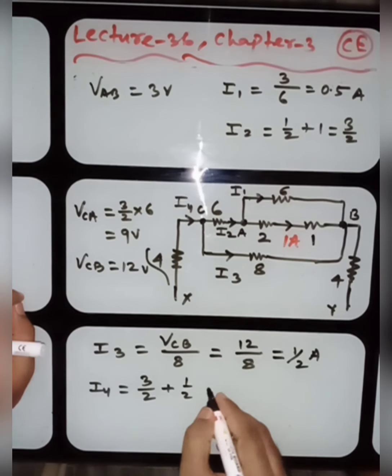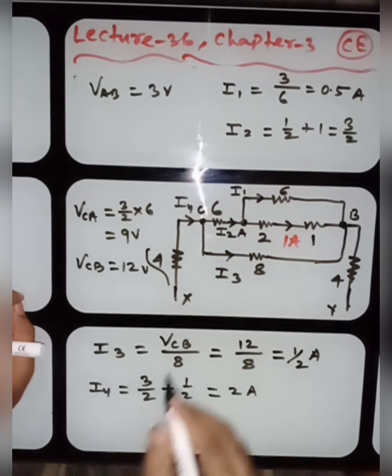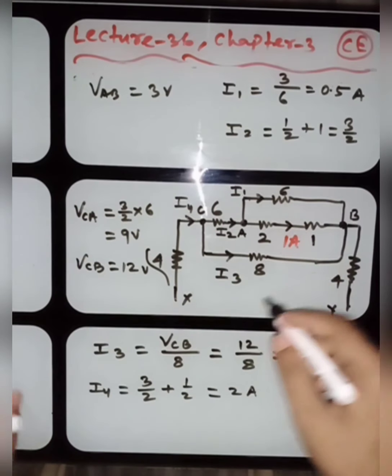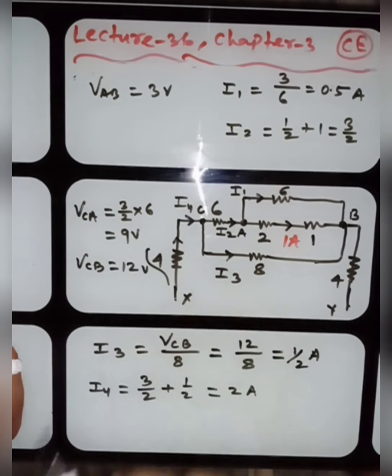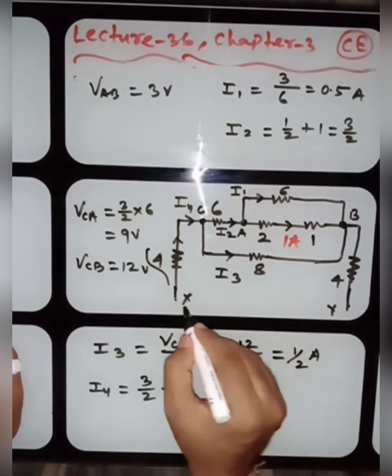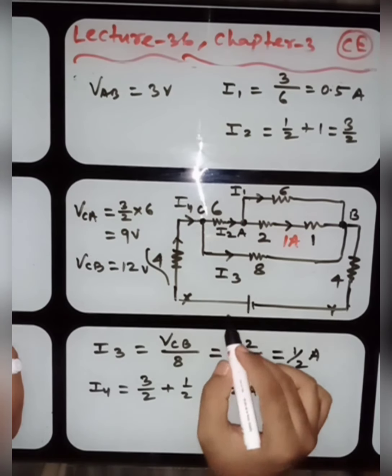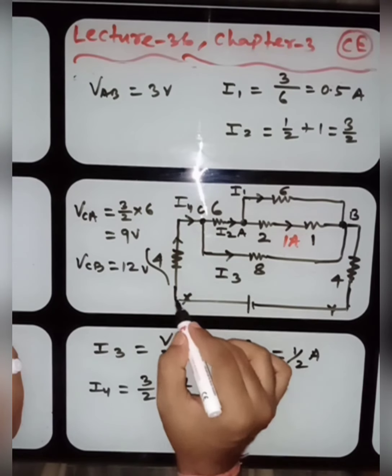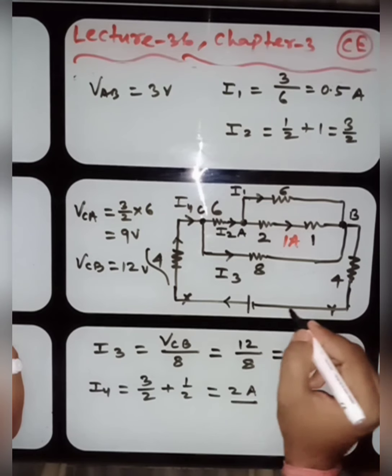So the total current is 4 by 2, it is 2 ampere. So the total current given by this particular network, that is I4, is 2 ampere. If a battery is connected between these 2 terminals, the current given by this cell is how much? It is 2 ampere.